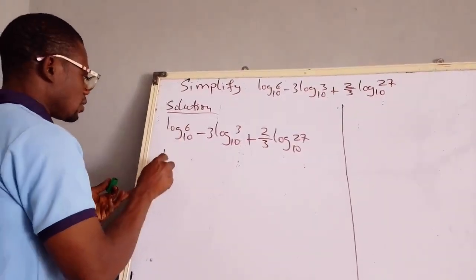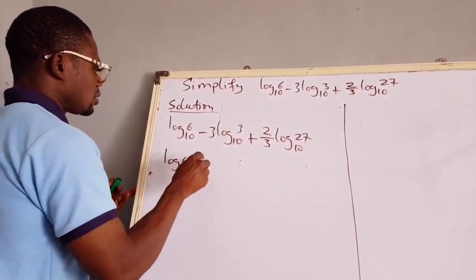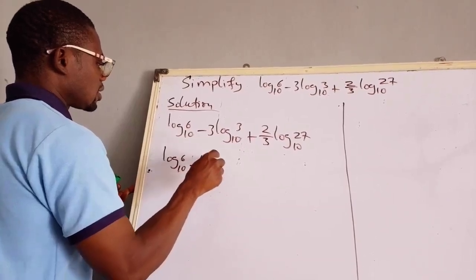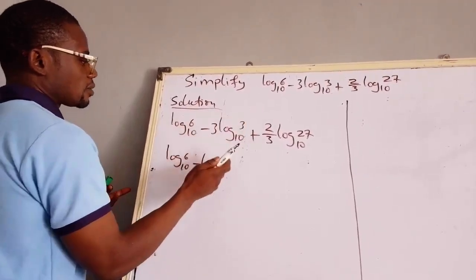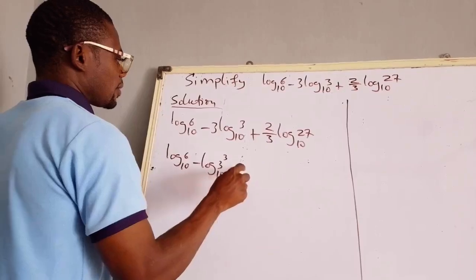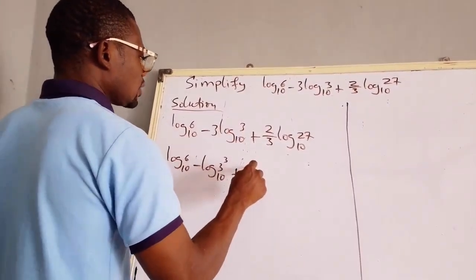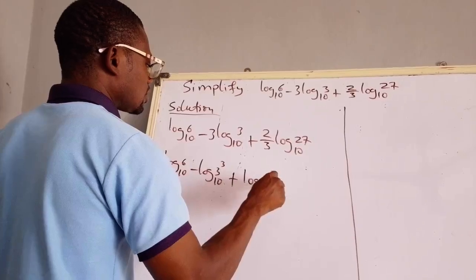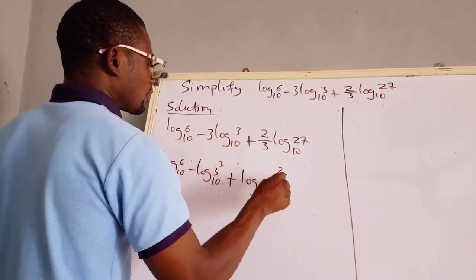So I will write log 6 base 10 minus log 3 base 10 to the power 3. This has come here now. Then I have log 27 base 10 all to the power of 2 over 3.